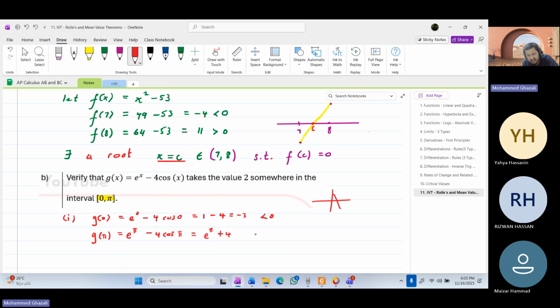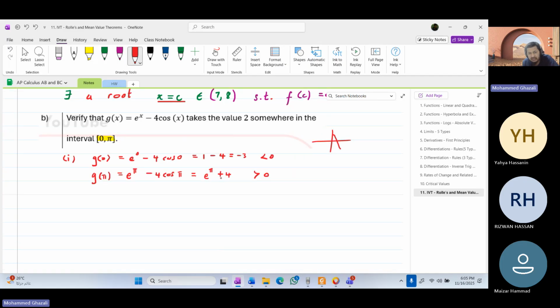You can see that this answer is already positive. We don't care what the decimal value is, as long as we know that it is positive. So there exists a root x is equal to c. So you're saying c is a root, but c is in the interval 0 to pi. Don't put square brackets now because we know it can't be 0, it can't be pi. 0 to pi.